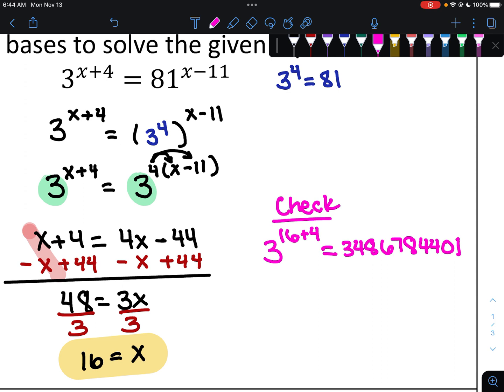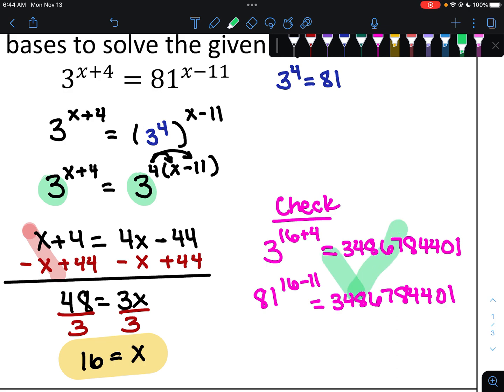And so then I type it into the other side, 81 to the 16 minus 11 power. So type that in. And I get the exact same number, 3, 4, 8, 6, 7, 8, 4, 4, 0, 1. So this checks out. Our answer did work.